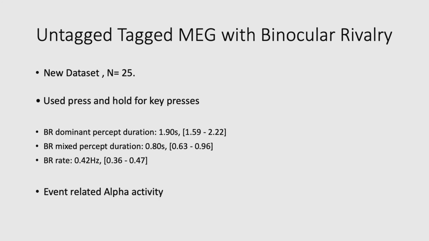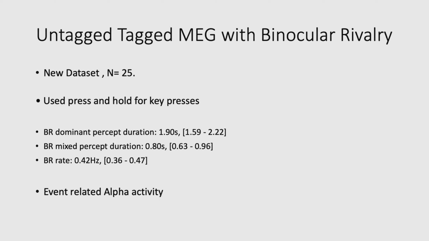Okay. Well, I could complement those results by talking a little bit about untagged rivalry. So now subjects are just doing the same rivalry task with the MEG recording, and we're simply not flickering the stimuli. We made a few small changes because this was a new data set. We were able to get a larger N, which is nice.